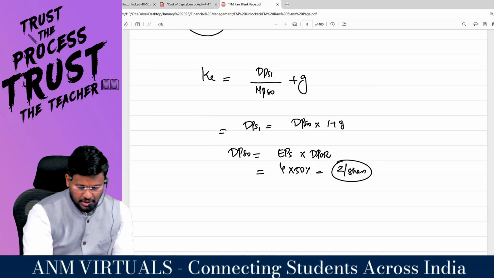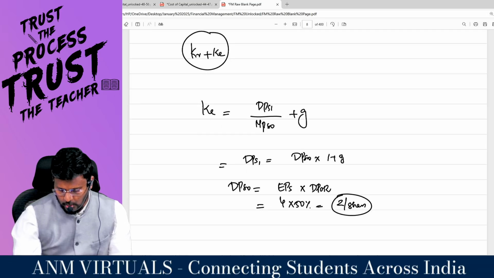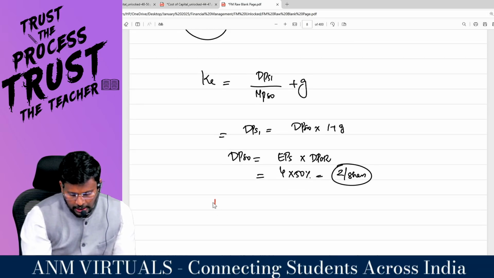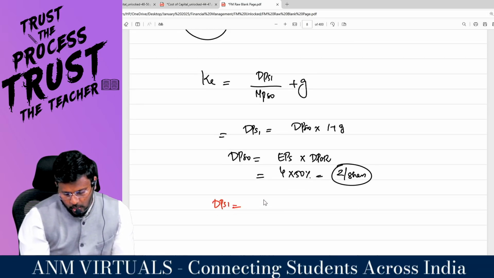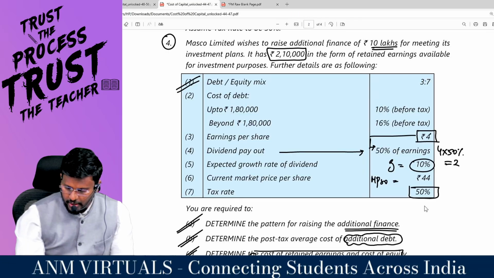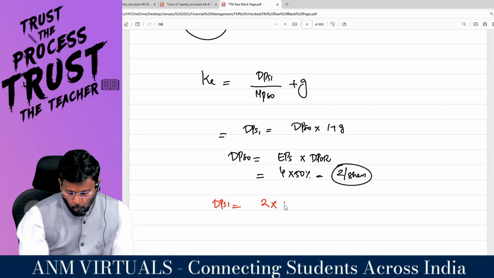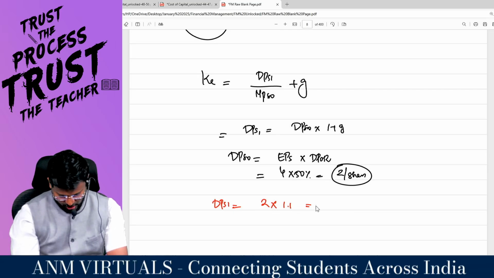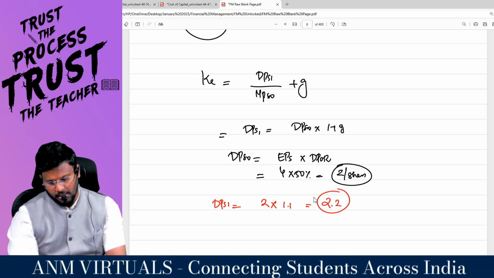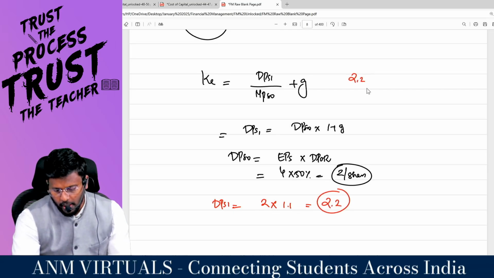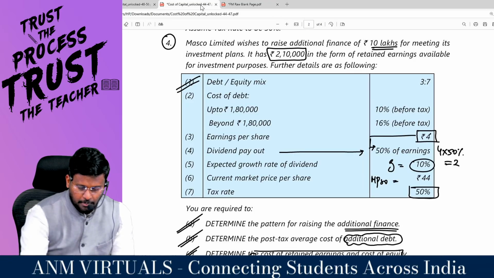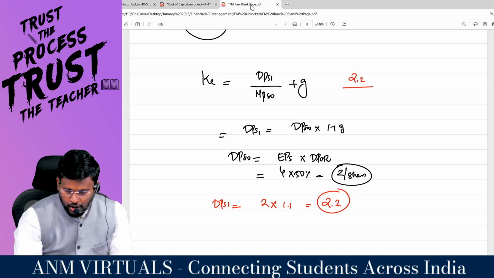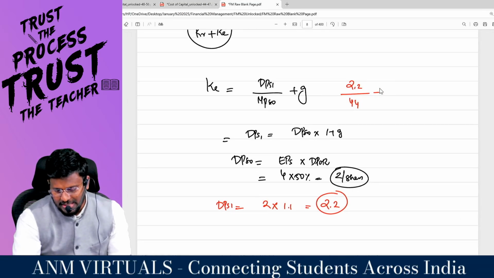Now I am substituting the figures. I will calculate DPS 1 also. DPS 1 is equal to 2 into 1.1, given the growth rate of 10%, which is 2 into 110%, so 2.2 will be the DPS 1. So 2.2 divided by the current market price of an equity share, 44, plus the growth rate of 10 percent.